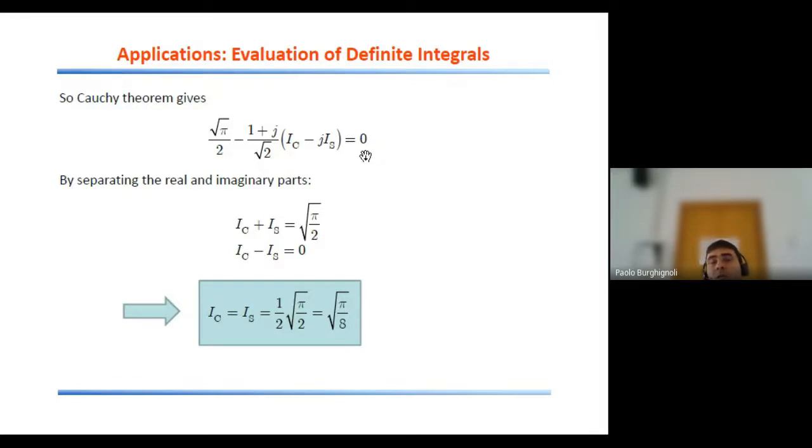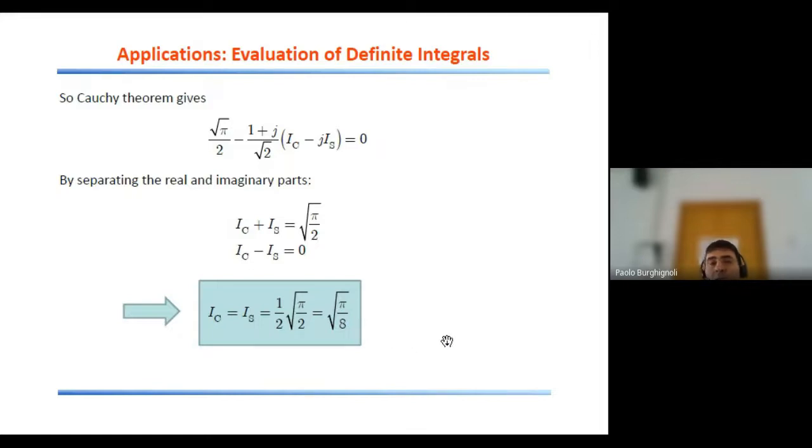Now, what we need to finish is to separate the real and imaginary part in this equality to obtain a 2 by 2 system in 2 real unknowns, from which you can immediately find IC and IS. It turns out that they are equal, and they are equal to the square root of pi over 8.